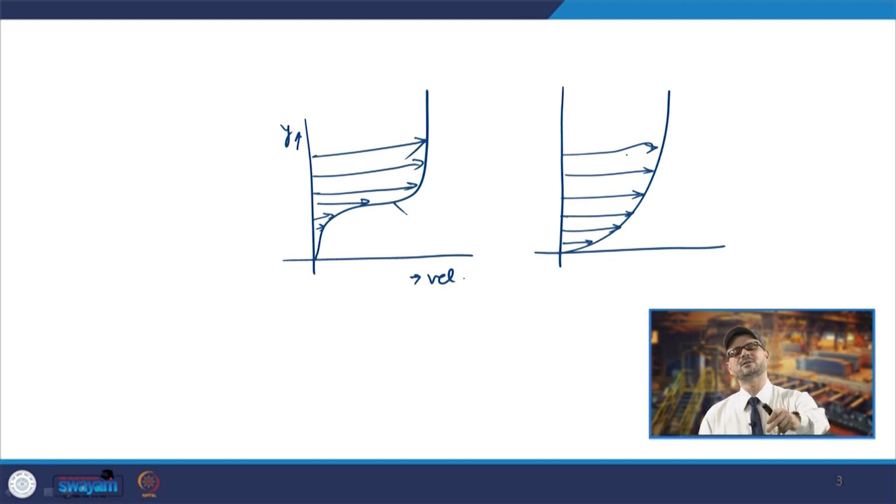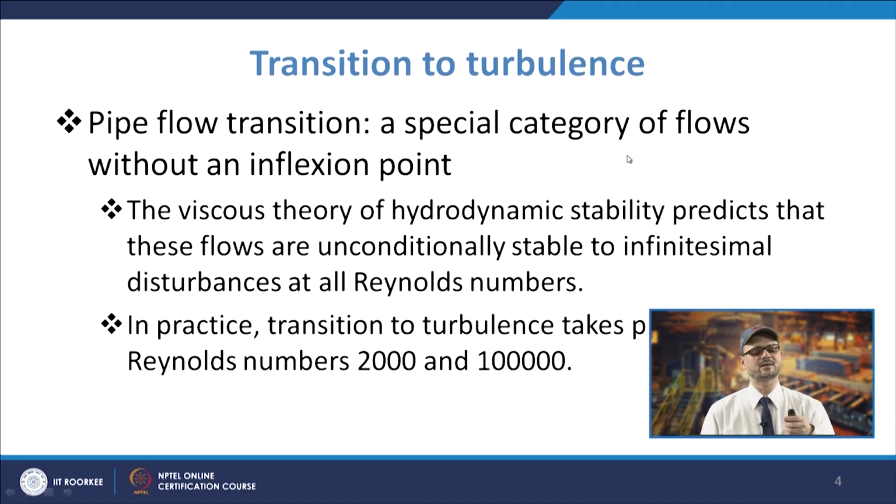Now, there may be different kinds of flows. You have jet flow, and in that jet flow you have the mixing, and in many cases the flow behind the wake and all that. So in all those cases you must have an idea about how the turbulence takes place.